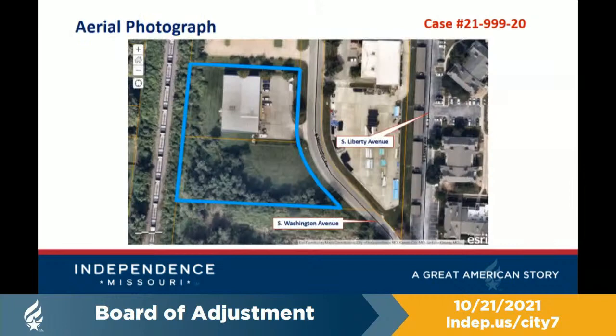So here's the aerial photograph. Again, you can see the railroad and the other industrial uses surrounding, including property across the street that currently has a similar fence, as you will see momentarily.